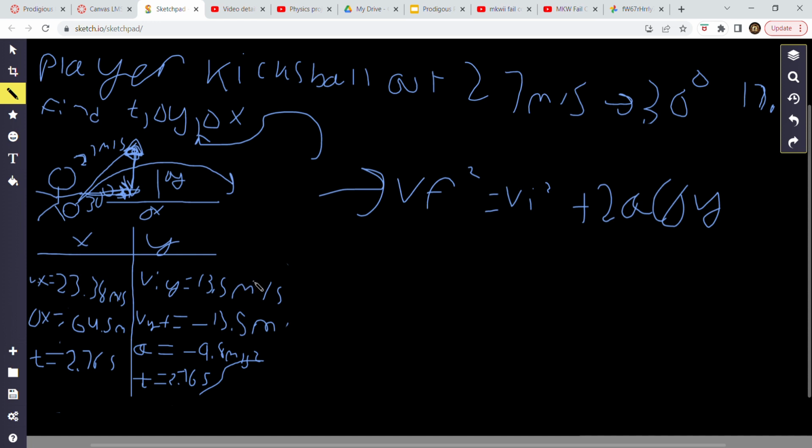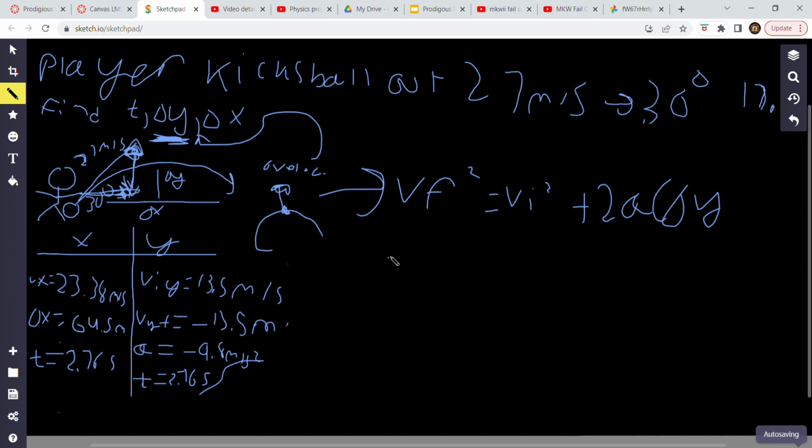Hold on. It's not looking for delta y, it's looking for max height. I was confused for a second because I realized when we subtract, we'd get 0. So for maximum height, the velocity final is actually just going to be 0, because when an object is at its apex, there's still acceleration, but there's 0 velocity.